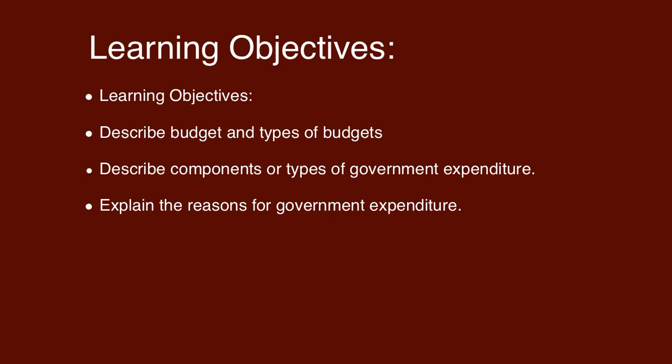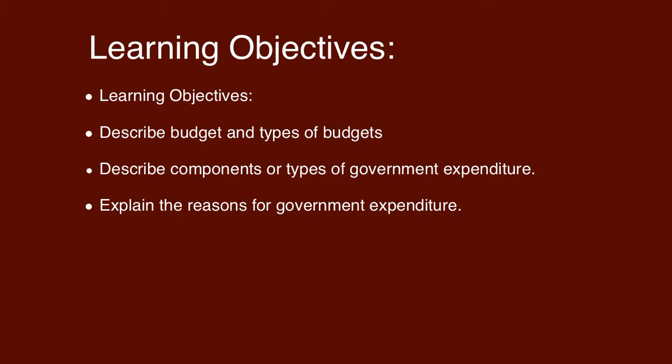The other one is budget deficit, when GR is less than GE, so there is a deficit, a negative value for the government. We call it a deficit budget. The third one, if government revenue equals government expenditure, is a balanced budget. We will look at all this later, just to give you some background information on the budget.